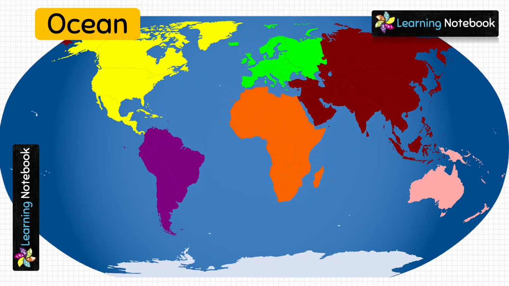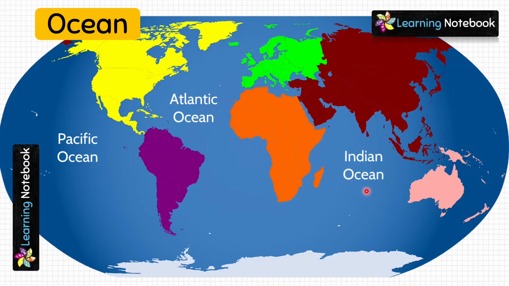Now students, let's see where these 5 oceans are located on our Earth. Here we have Pacific Ocean. Then here lies Atlantic Ocean. Then below India we have Indian Ocean, and on the top we have Arctic Ocean.